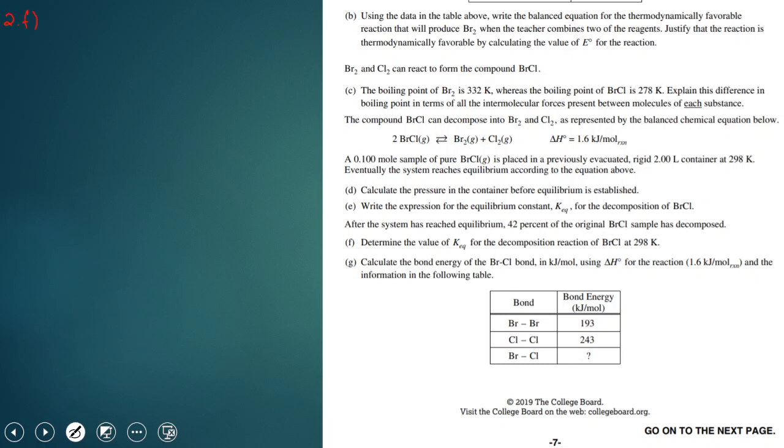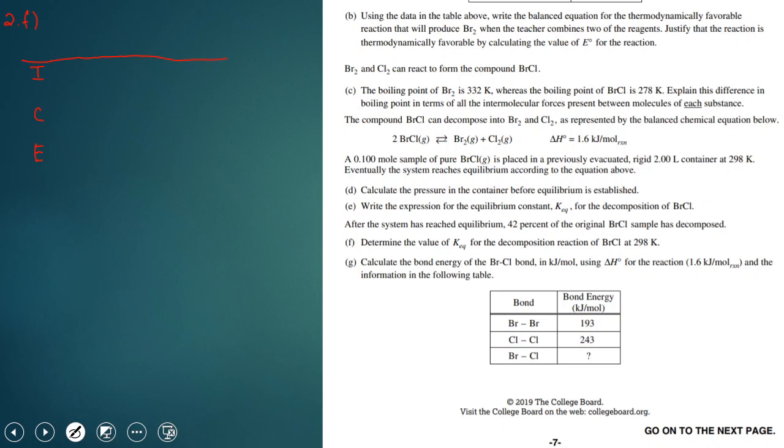We are given the fact that 42% of the original compound has decomposed. So determine the value of K for the decomposition reaction at 298 Kelvin. All right, our best friend, ICE tables, or as I like to call them, RICE tables. The traditional way is ICE tables. I say RICE tables because of the reaction that you write at the top.